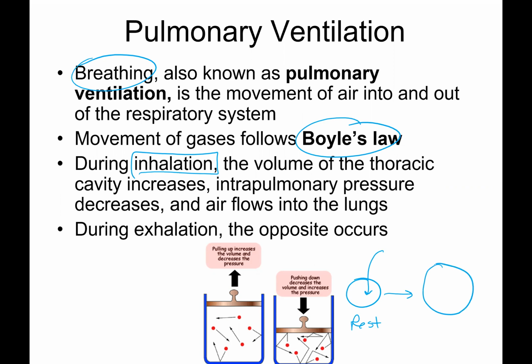Because you're increasing the volume, look at the volume. It is remarkably different than the balloon at rest. So you're increasing the volume. Then when you exhale, we're decreasing the volume. So the volume will change.